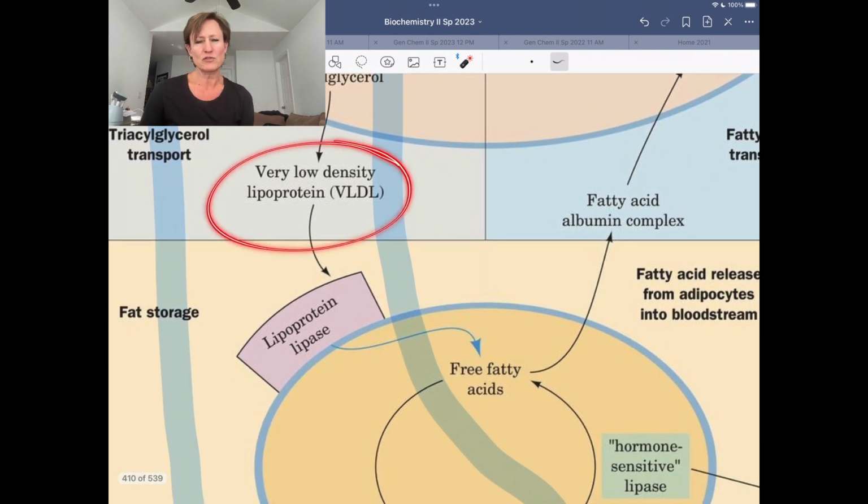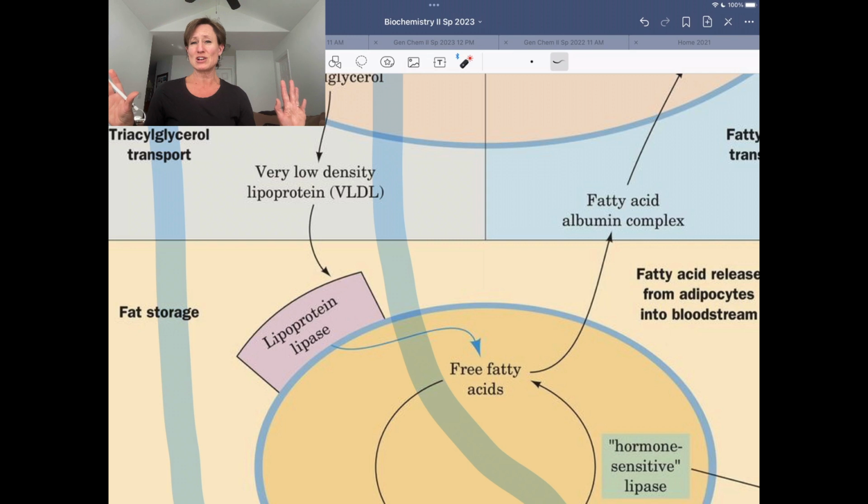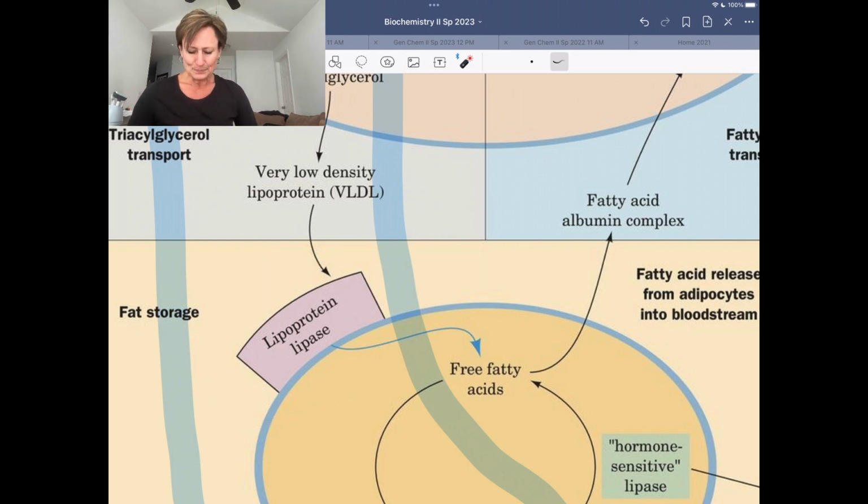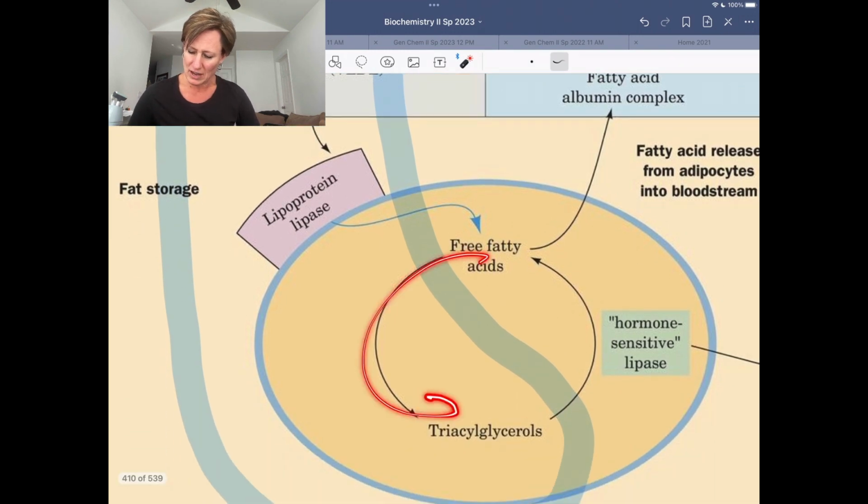If it's gone out to the peripheral tissues and everyone's like, nope, I'm good, totally fine, fed state, you go take that where you need to take it, what's going to happen is it's going to take it to fat storage. We've got a little bit of transport chemistry that has to happen in order to get those fatty acids into our adipocytes, reassemble them into triglycerides, and now we're storing those lipids. Wow, I know that was a lot.